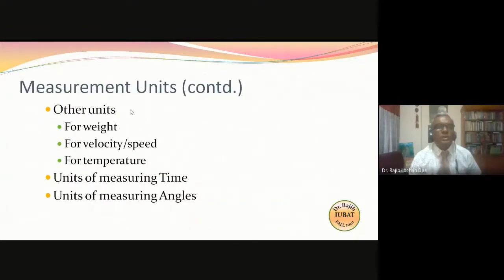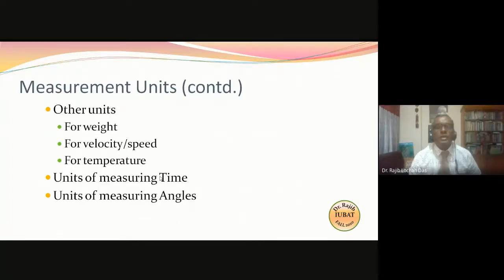So there are units for weight, for velocity and speed, for temperature also, and also for measuring time. So time is what? Time is second, minute, then hour, then day, and then week, right?